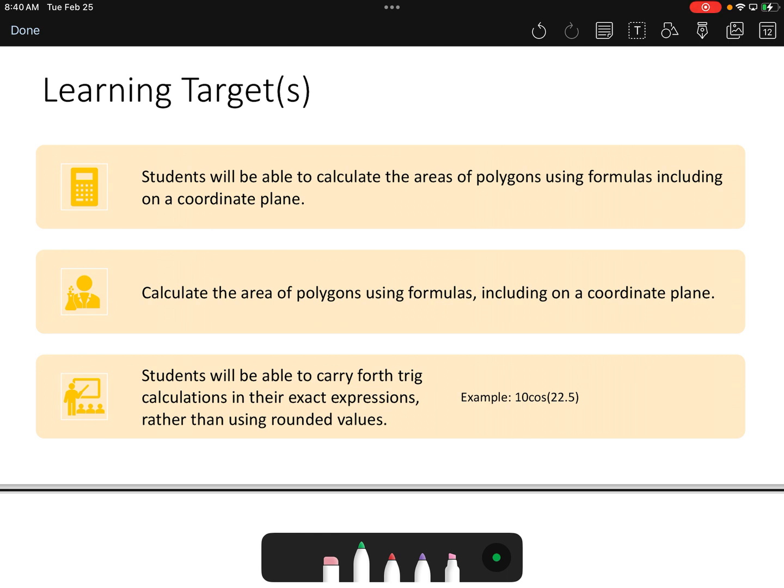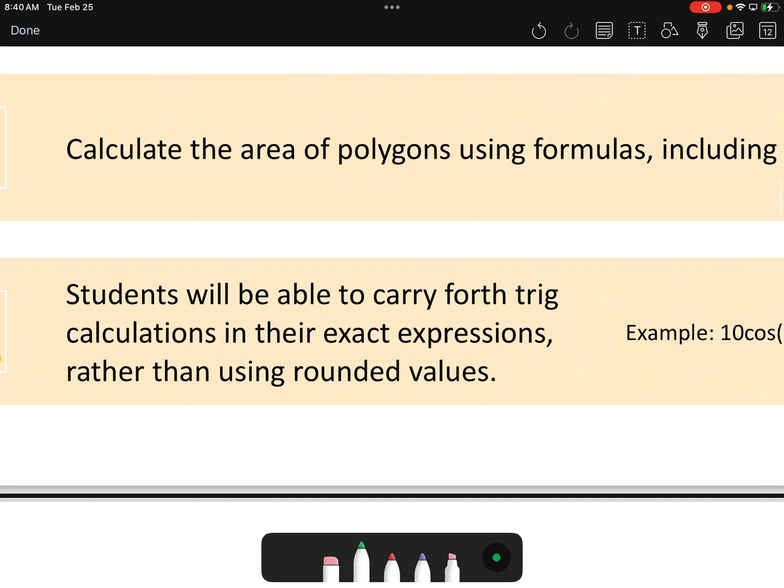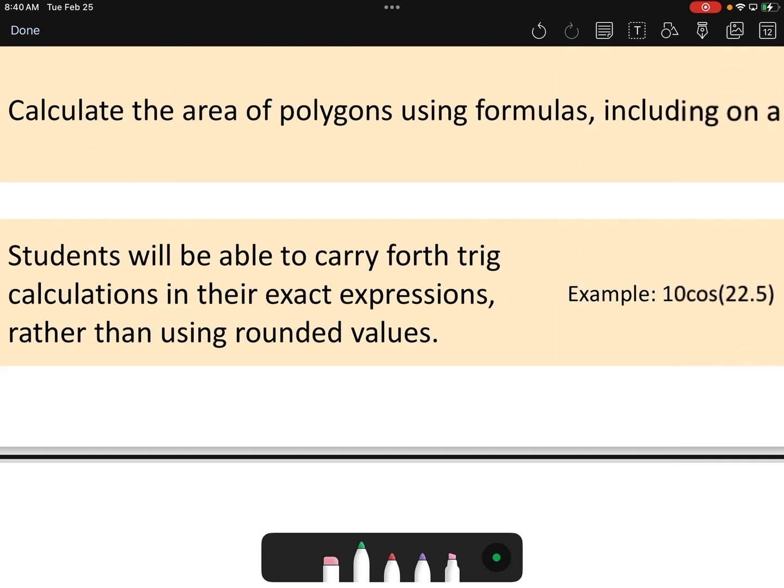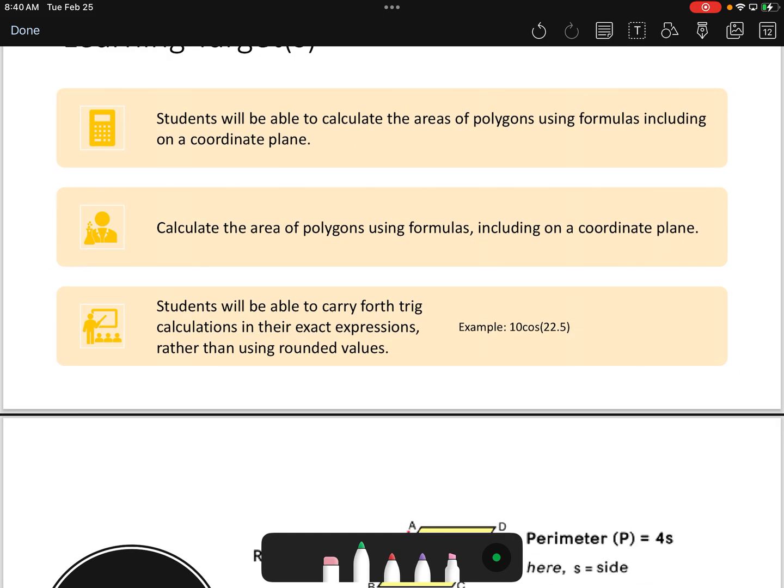So, second learning target. Calculate the area of polygons using formulas, including on a coordinate plane. So we're going to continue with that with our 3 shapes today. And then this is going to be a focus of ours in our last slide, using the exact trig calculations as a way to plug into our calculator. Okay, and I'm going to give you guys a couple tips and tricks when we do this.